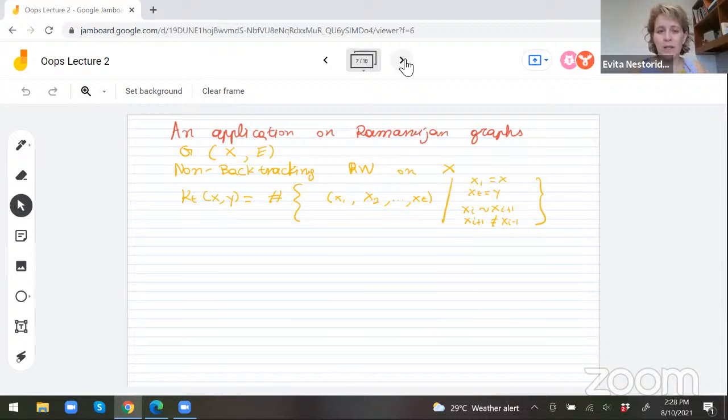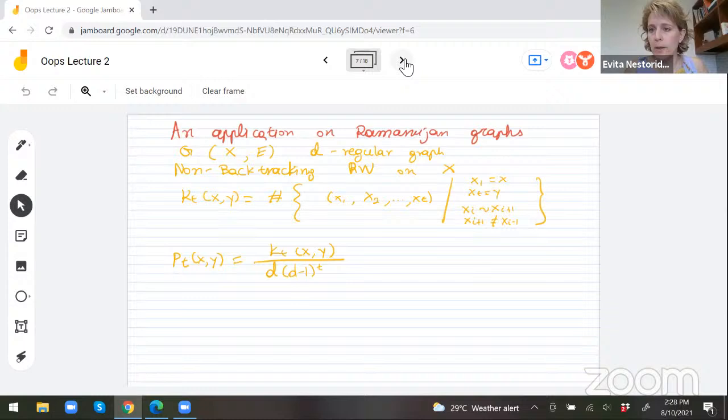Of course, to turn it into a transition matrix, we should normalize. So we should divide by the number of such paths. So we are in the case of a d-regular graph in this talk. And this is going to be the definition of the matrix.